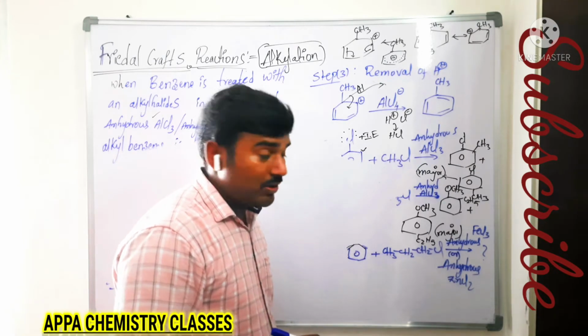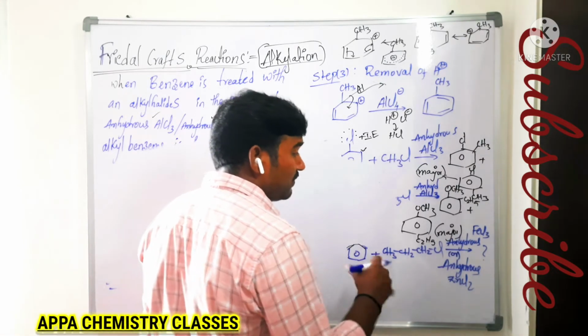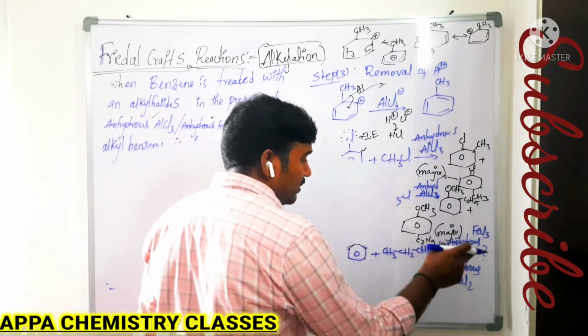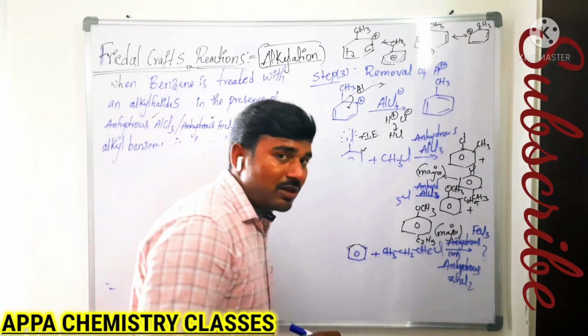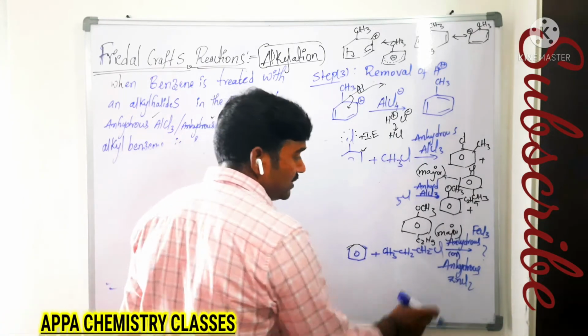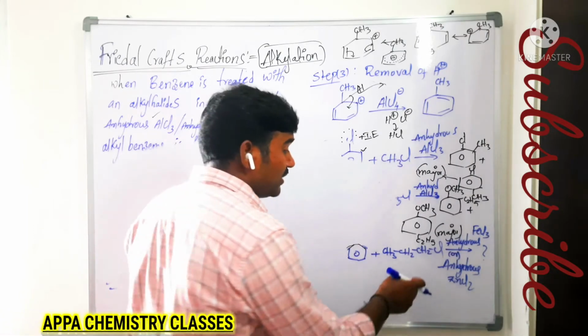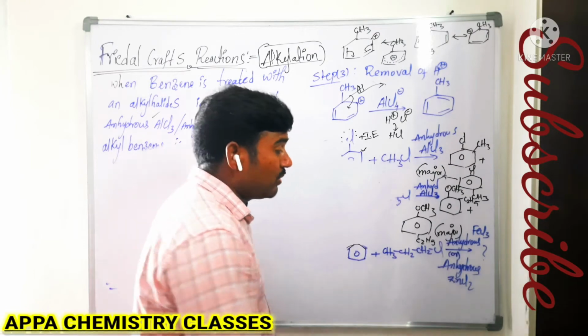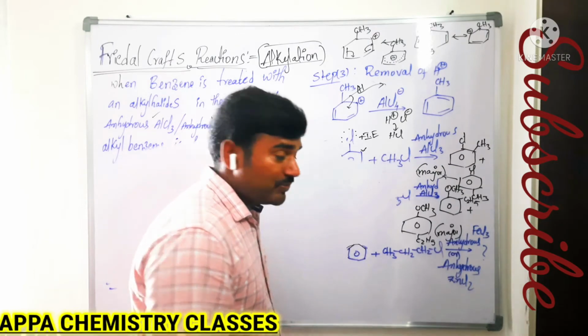It is formation of an intermediate. After that, bond breakage and attacking of the alkyl group take place simultaneously. There is no formation of carbocation in this case. So for that reason there is no rearrangement in presence of anhydrous ferric chloride as well as anhydrous ZnCl2. Is that clear?